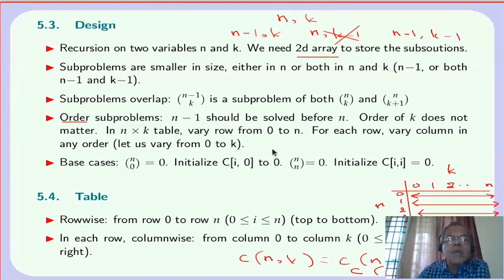So in an n by k table, vary row from 0 to n. The rows are indexed by n. For each row, vary column in any order. Let us choose to vary from 0 to k. And the base cases are n choose 0 is equal to 1 for all values of n. That is, this column should all be 1.